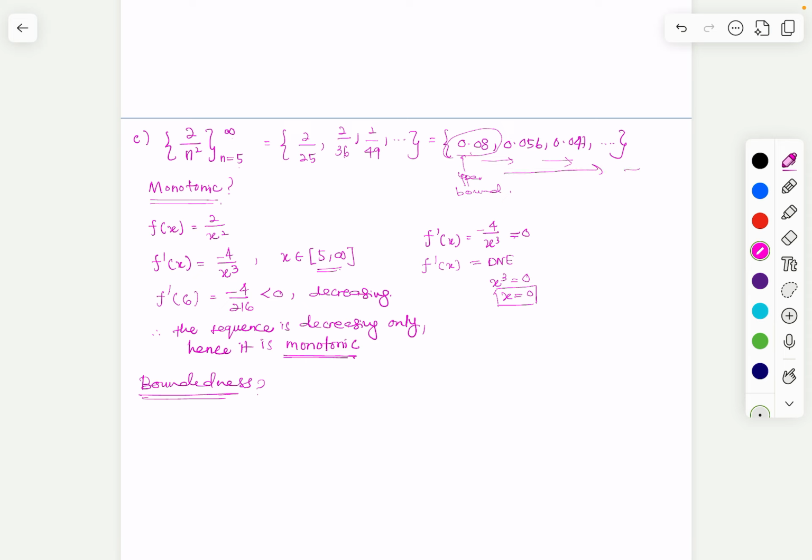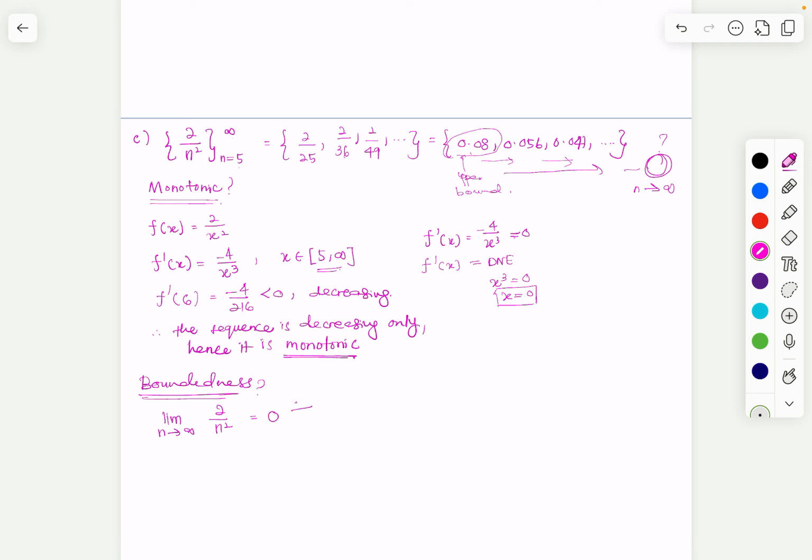So does it have a last value, or does it have a lower bound? To know the lower bound, it is for the case when n goes to infinity. Because the sequence starts from 5 to infinity, we find the limit as n approaches infinity of 2 over n squared. This one you can directly plug in n as infinity. So 2 divided by infinity, you get 0.